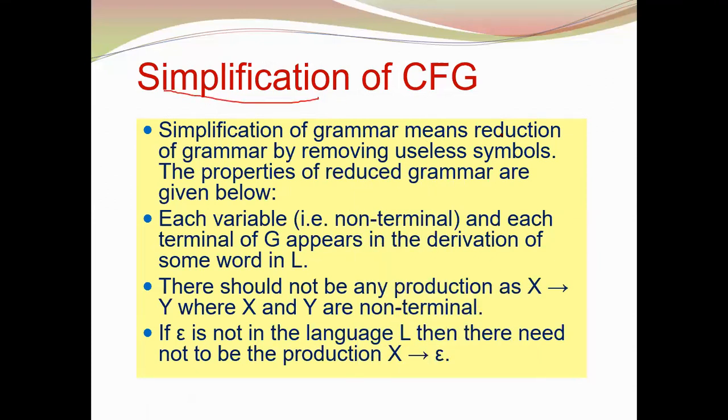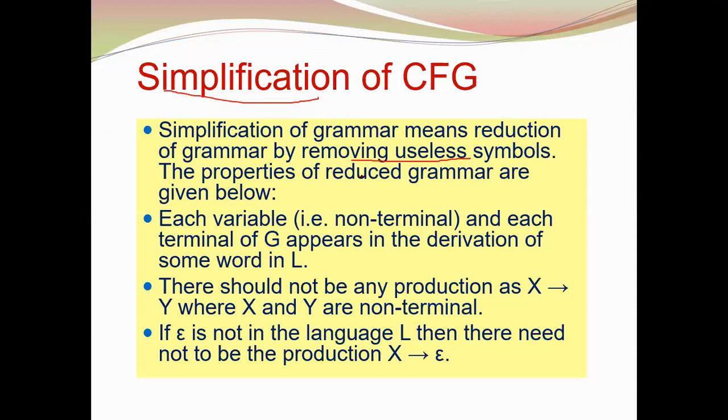For that, we have to start with removing useless symbols. Useless symbols are those symbols that are not used in the grammar. With the help of such a symbol, we can't derive anything from the grammar. Then we can say the symbols are useless, in the case of terminals and non-terminals.